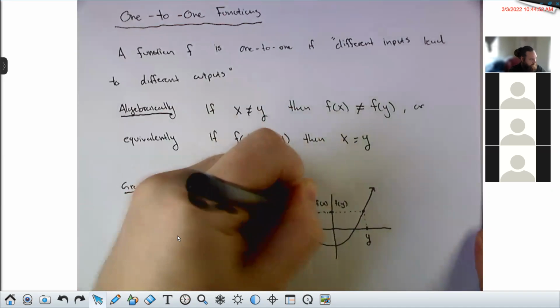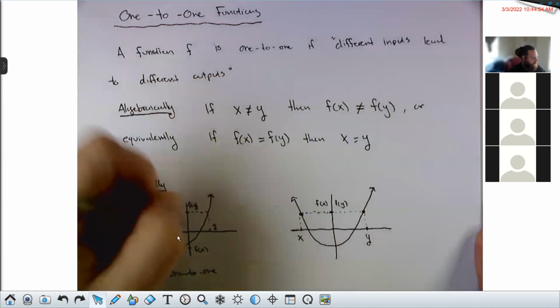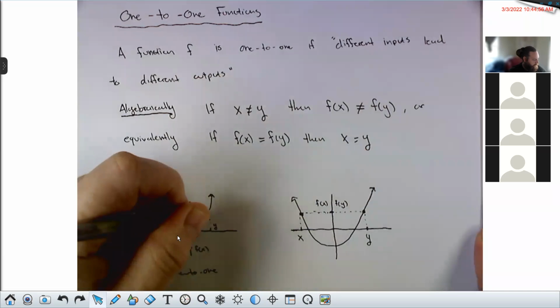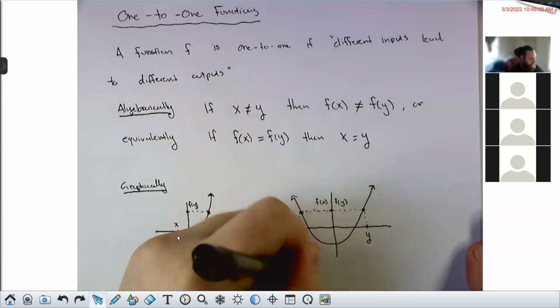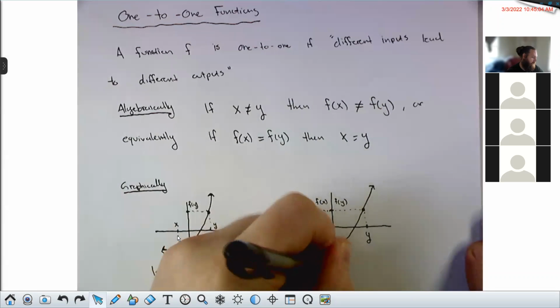And there's a nice way to test from the graph whether a function is or is not 1-to-1. So this is not 1-to-1.